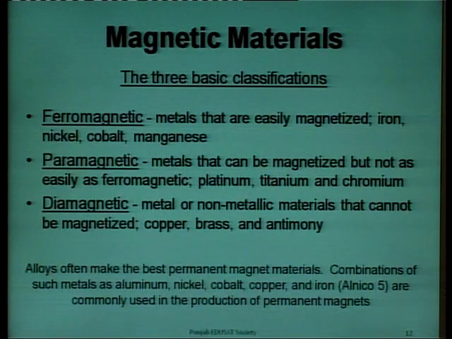The combinations of such metals as aluminium, nickel, cobalt, copper and iron are commonly named Alnico, AlNiCo5, and are commonly used in the production of permanent magnets.